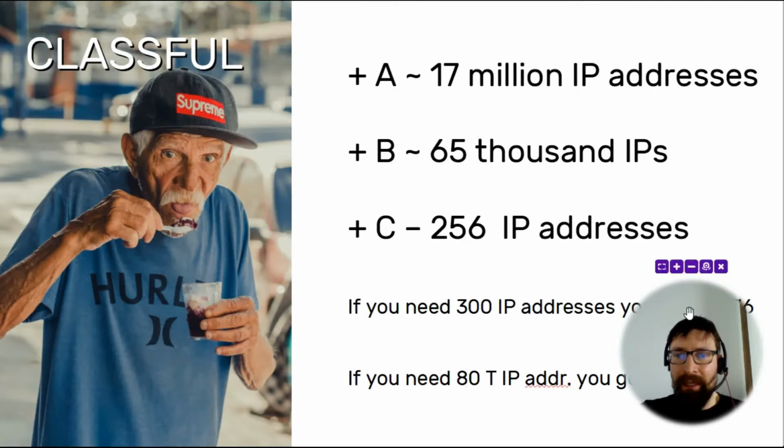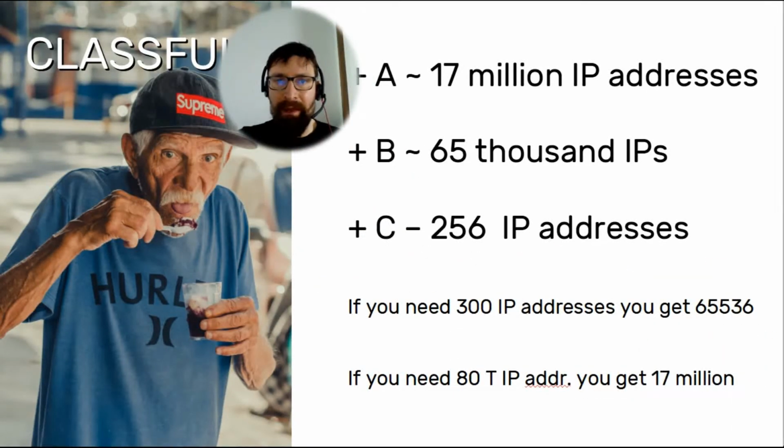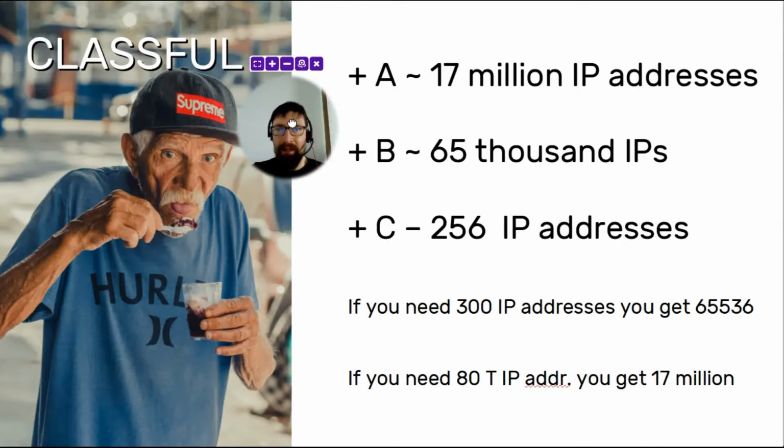So let's go to the next slide and see what I mean by this. A Class A network can accommodate approximately 17 million IP addresses. Class B can accommodate 65,000, and Class C can accommodate 256 IP addresses. You see the jumps, you see the difference between the different classes.